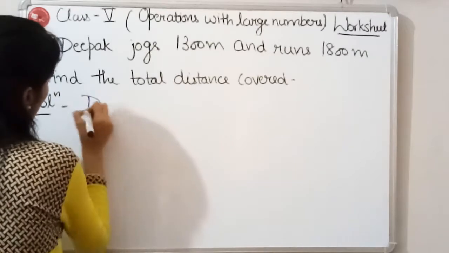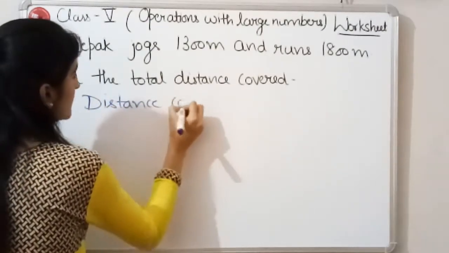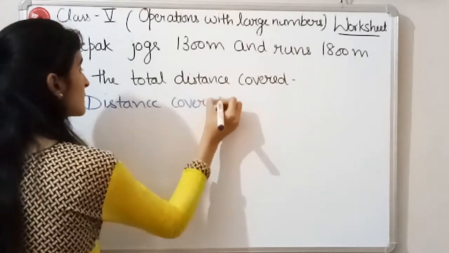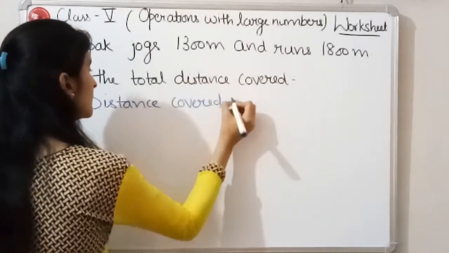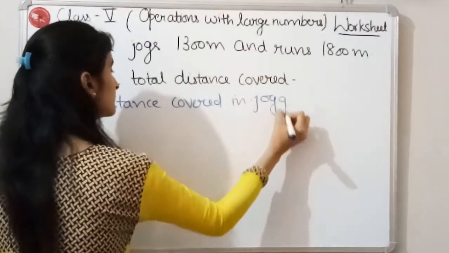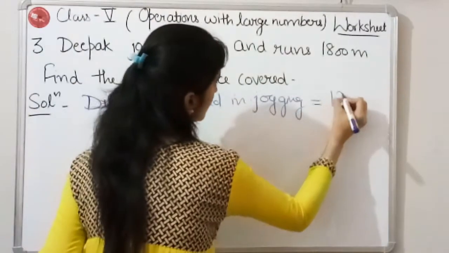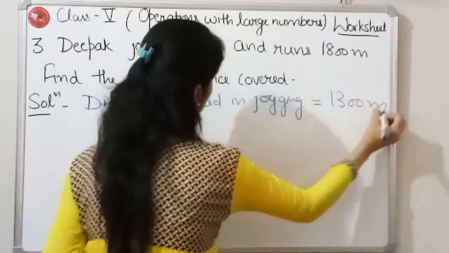So you can write, distance covered in jogging is equal to 1300 meter.